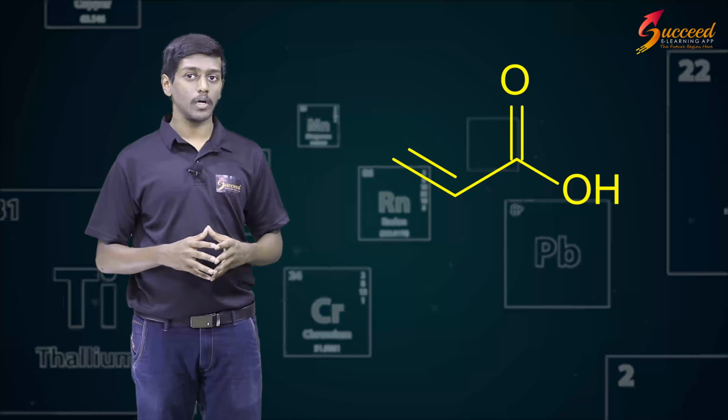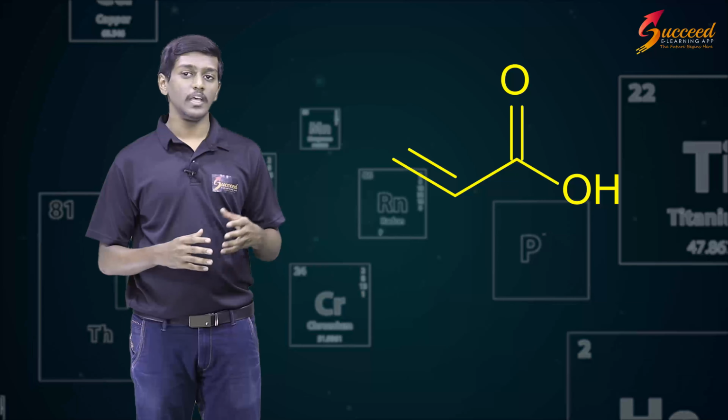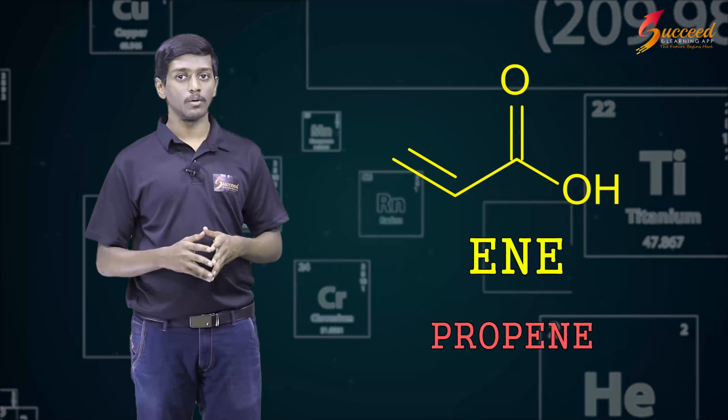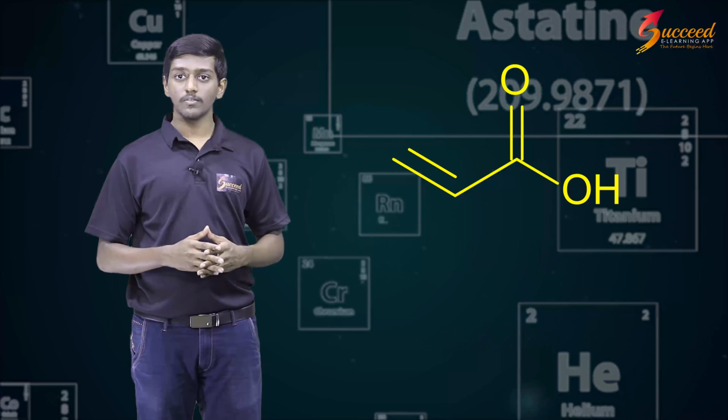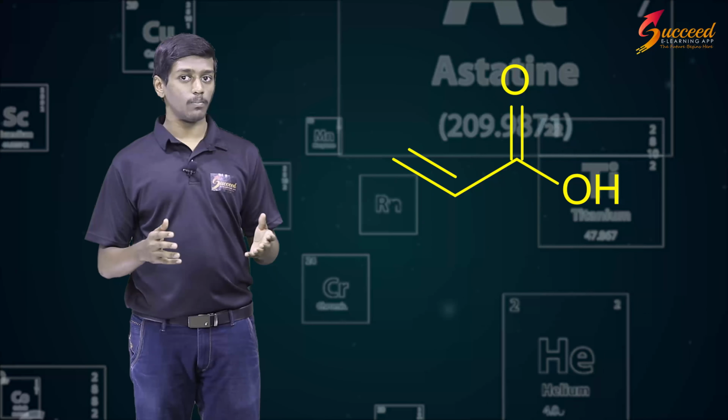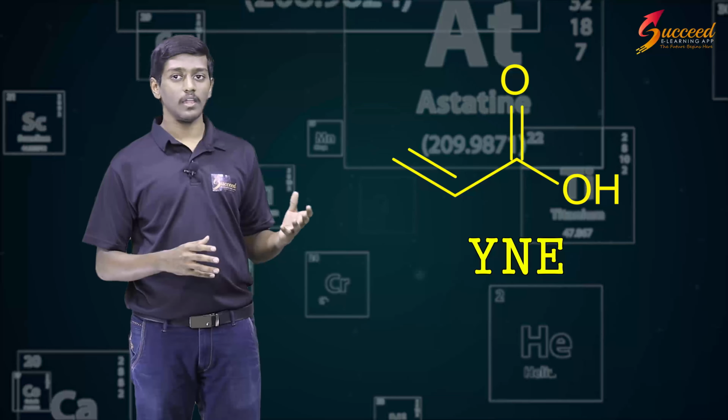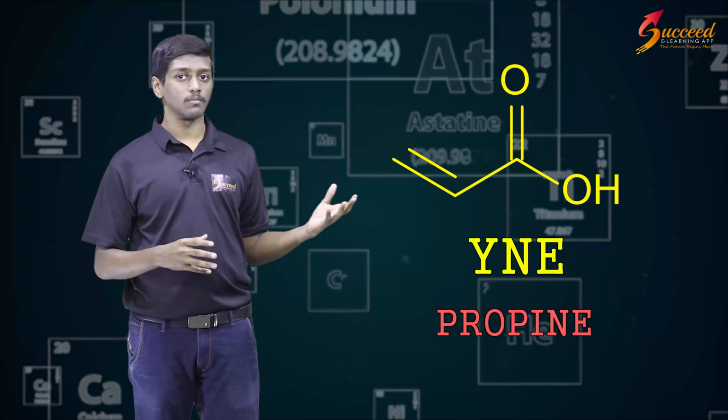If there is a double bond in the carbon chain, we use ENE, that is propene. If the carbon chain contains a triple bond, then we use YNE, called propyne. Hope you saw all the functional groups and their nomenclature.